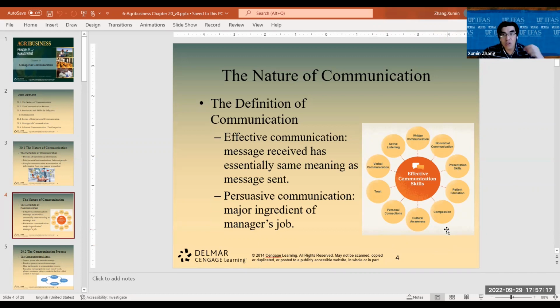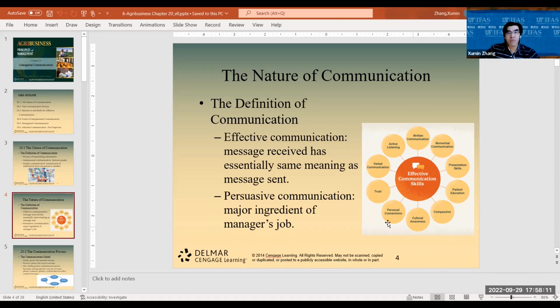And this is also related to education, people's knowledge, attitudes, perception, personality. And then we also need to take into consideration the relationship. Again, this is also situational. You need to consider many different components to ensure effective communication.